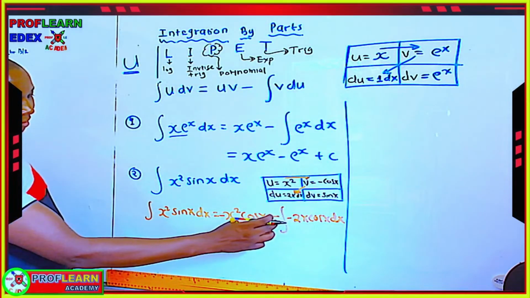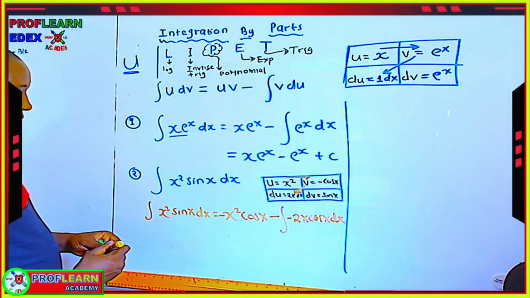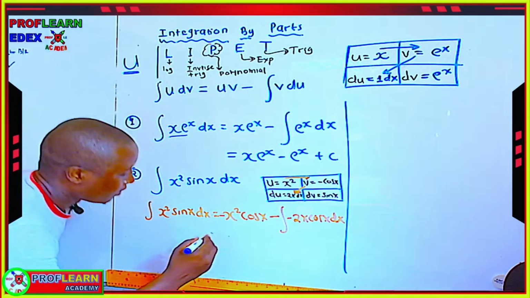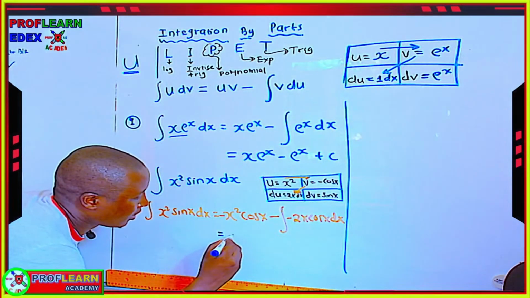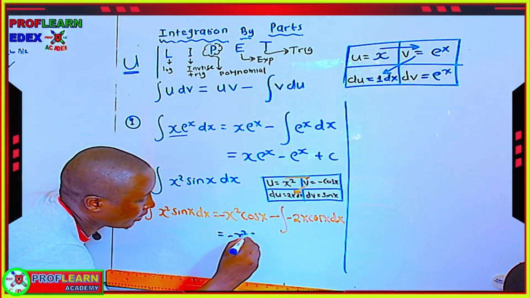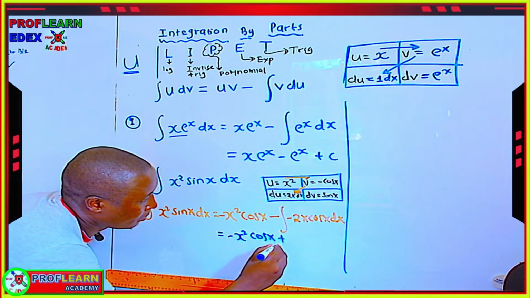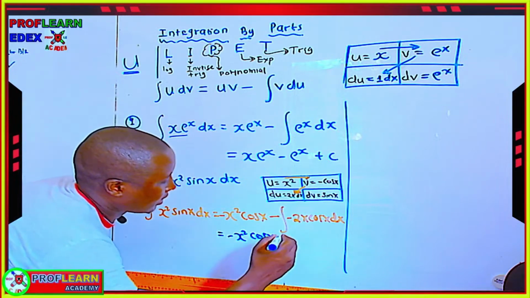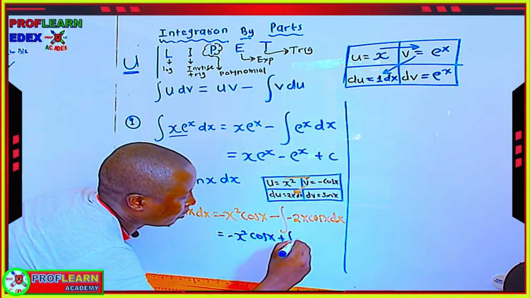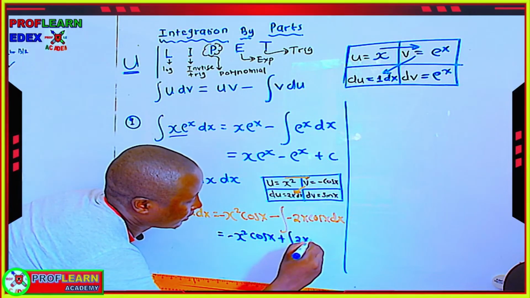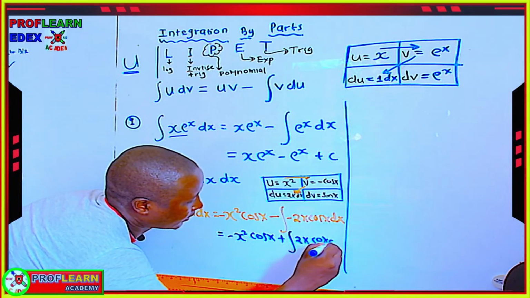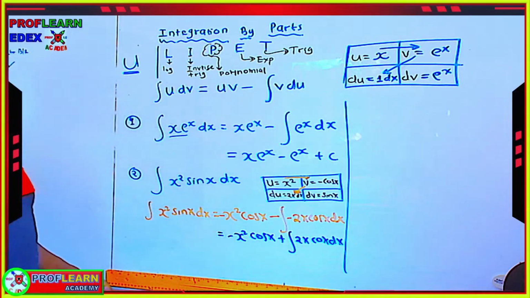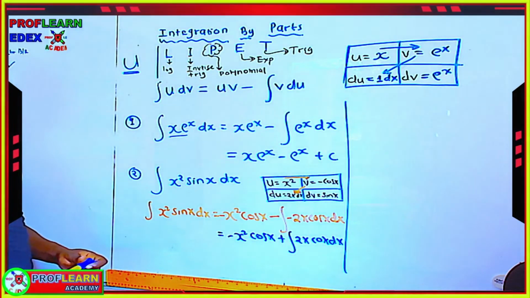So if I take this negative out, I'm going to have a positive value there, and this expression will reduce to negative x squared cos x plus integral of 2x cos x dx. So that is integration by parts.